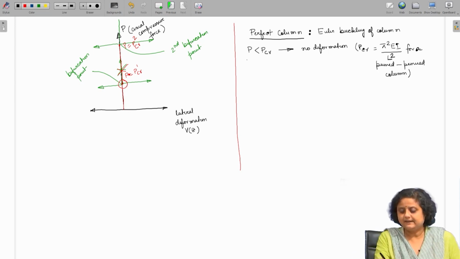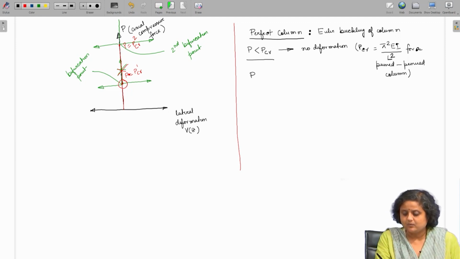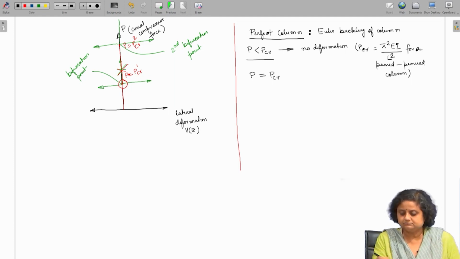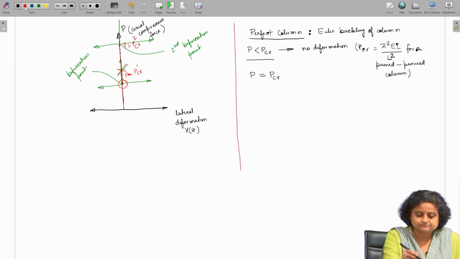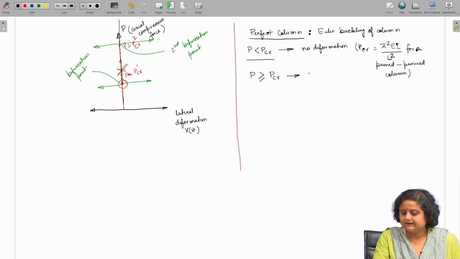Till P is less than P critical, I have no worry. So, there is not going to be any deformation. When P is equal to P critical, which is a very theoretical case, then there is a possibility, or when P is greater than or equal to P critical, there would be buckling of the column.